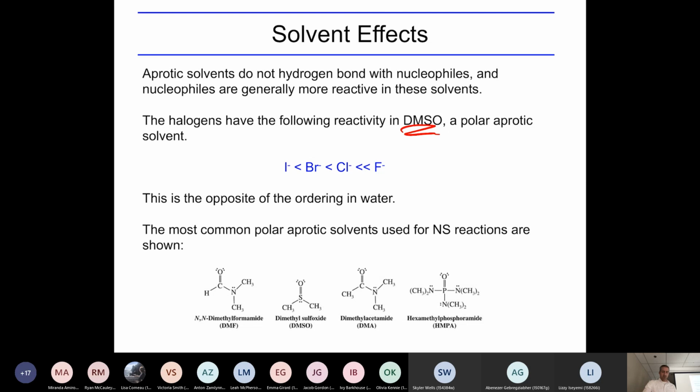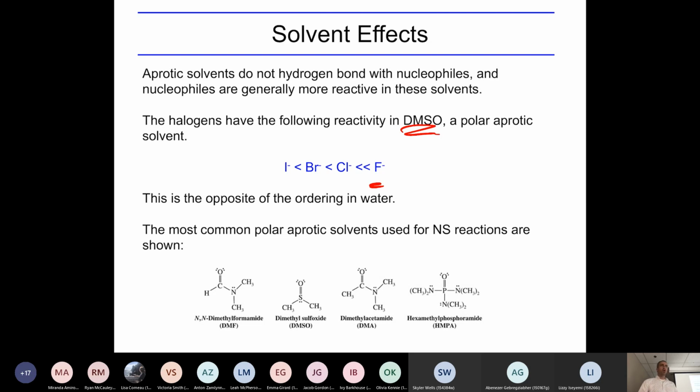If that happens, the order of reactivity for those halogens flips. Fluoride becomes the best. If you get rid of those waters, and because we're smart human beings, we know how to get rid of those waters.